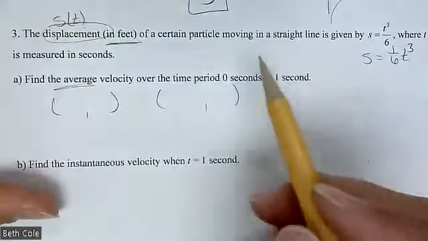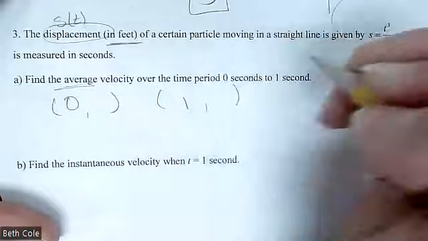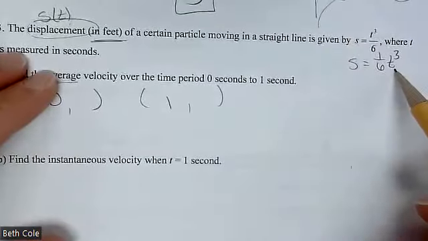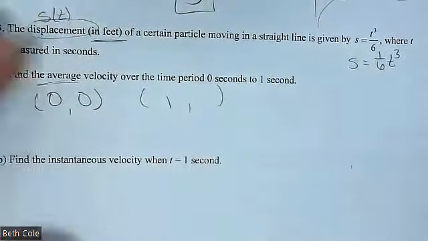All right, so we're going to plug in 0 and we're going to plug in 1, to position. If you're like, Miss Cole, why don't we use velocity? It says average velocity. When you take a velocity, that becomes an instantaneous rate of change. Remember Alice going for a walk? So if you plug 0 into this, you get 0, which is kind of nice.